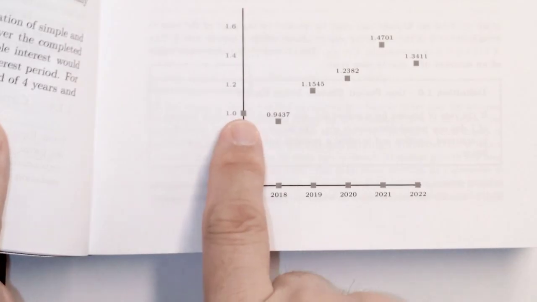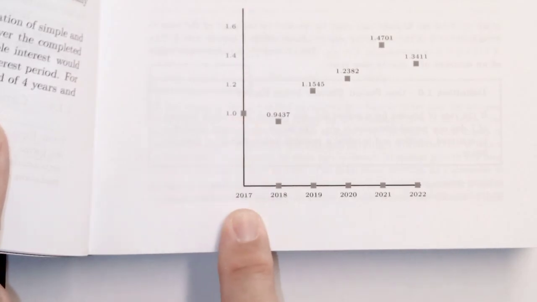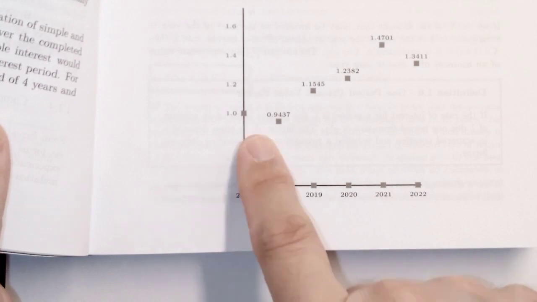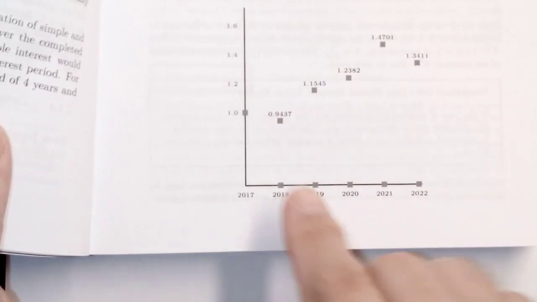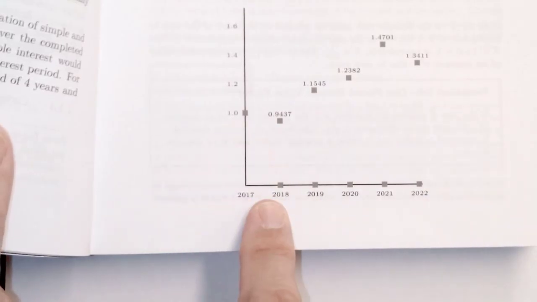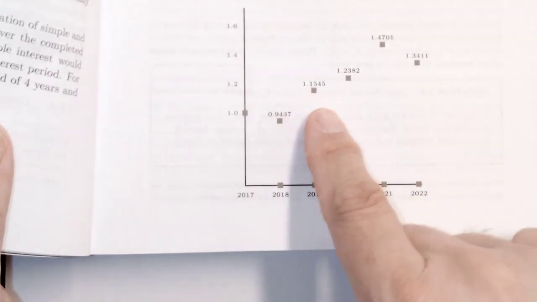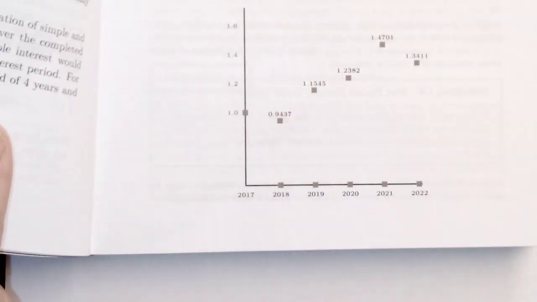If it was 1 at the end of 2017, then I can look at all these different values at different points in time. What was the interest rate between 2017 and 2018, or between 18 and 19, or between 19 and 20? I can do this linear interpolation, and I can get an interest rate for all of these.